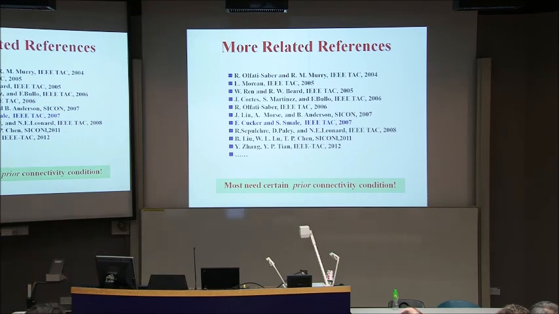I would particularly mention the paper by Cucker and Smale in IEEE Transactions on Automatic Control in 2007. This paper does not need a connectivity assumption, but that's a different model, and the interactions among the agents are defined in another way. The interaction strength decays with the distance between two agents, so each agent is connected to any other agent with a decaying strength. Anyway.